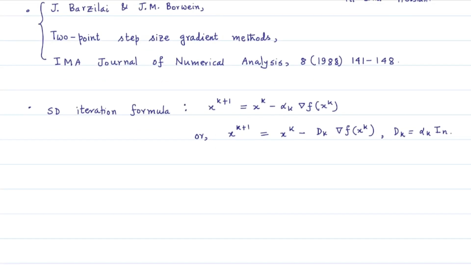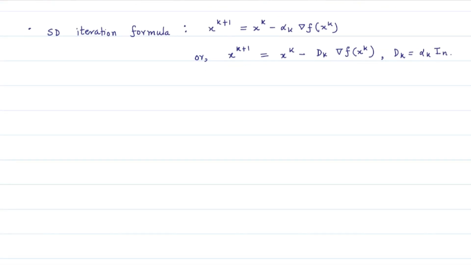The quasi-Newton property will be discussed maybe one or two lectures later, but here I will use it, which states that you take D_k in such a manner that it satisfies the quasi-Newton equation, D_k y_{k-1} = s_{k-1}, where this vector y_{k-1} is the gradient of the function f at the point x_k minus the gradient of f at the point x_{k-1}. This s_{k-1} is the vector x_k minus x_{k-1}.